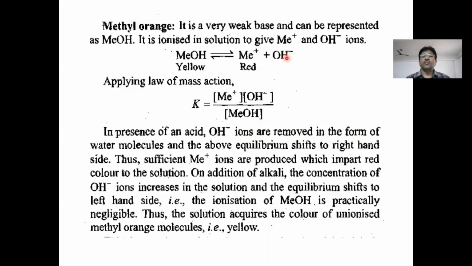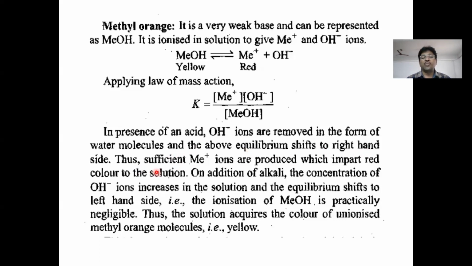When OH minus is removed, the equilibrium is favored in which direction? The forward direction. More dissociation takes place because OH minus is removed by the acidic medium, in the form of water molecules. H plus and OH minus combine to form water molecules, and the equilibrium shifts to the right hand side.